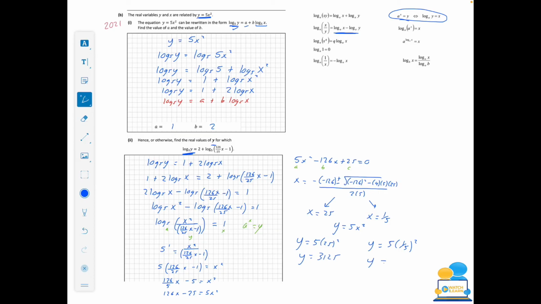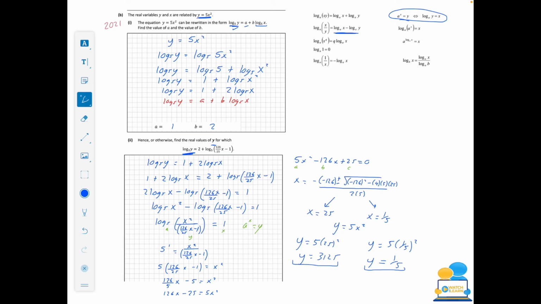So here I get out y is equal to 3125, and here I get 5 by 1/5 squared. That actually gives me 1/5 as well when I put that into my calculator. So my two answers then are 3125 and 1/5.